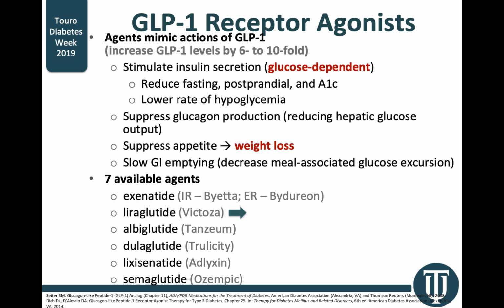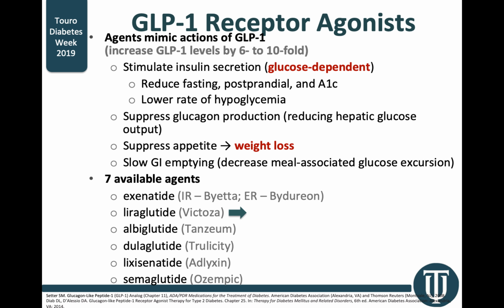There are 7 agents in this class available at this point. So they are exenatide. Exenatide, there are 2 formulations. There is an immediate release and extended release formulation. Liraglutide, albiglutide, dulaglutide, lixisenatide, semaglutide.